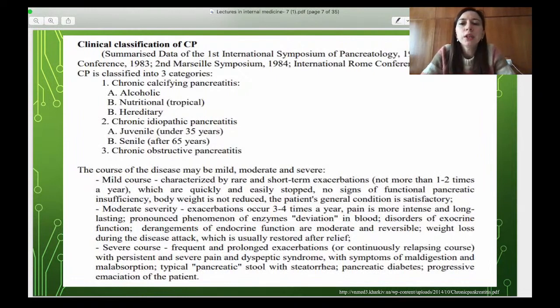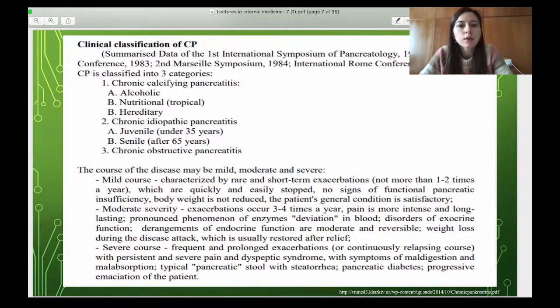Next, chronic idiopathic pancreatitis, juvenile, senile, and the third variant, chronic obstructive pancreatitis. The course of the disease may be mild, moderate, and severe.